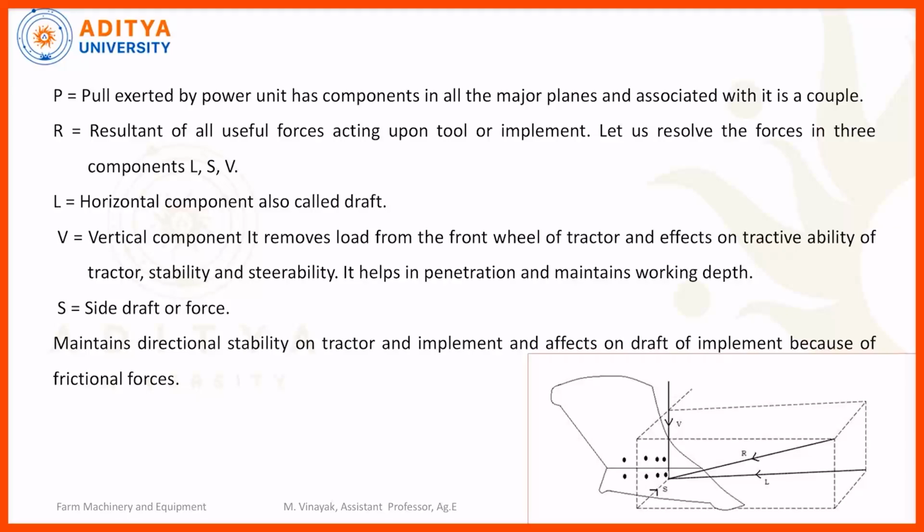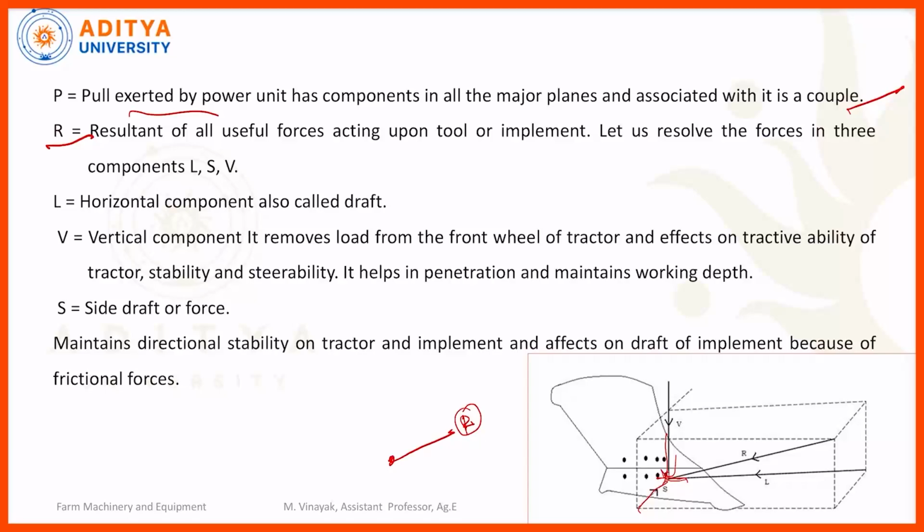Here some of the notation they have given: P equal to the pull exerted by the power unit. The power unit has components of all major planes associated with it. Next, R is the resultant force, where all the forces act on the tillage implement. Let us resolve the forces into 3 components: L, S and V. This point is called the resultant force point, where all the forces act.